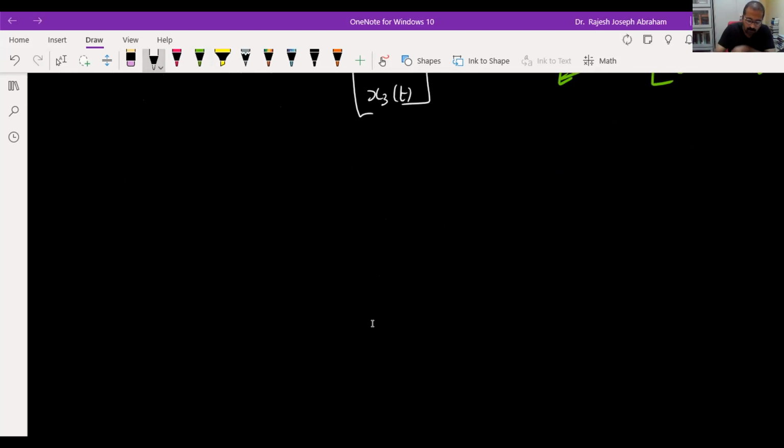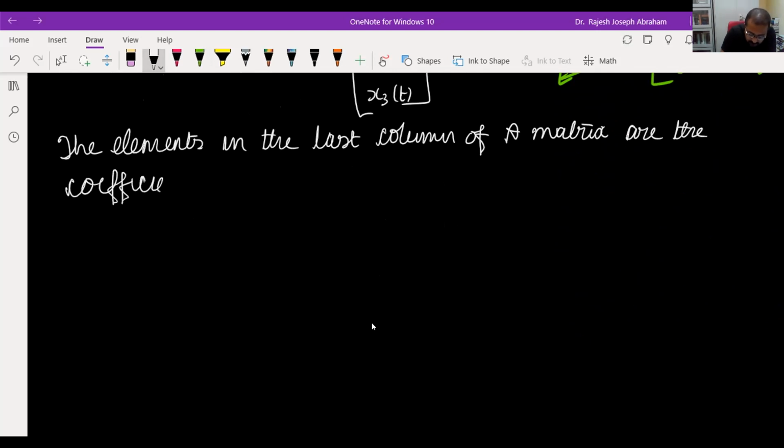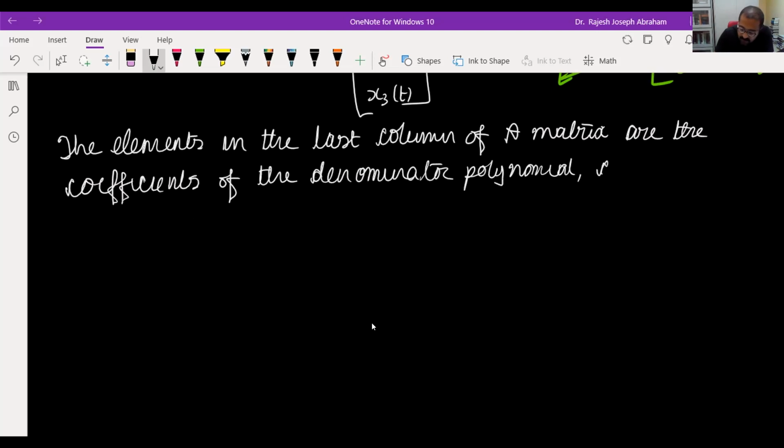The elements in the last column of the A matrix are the coefficients of the denominator polynomial, all with negative sign.